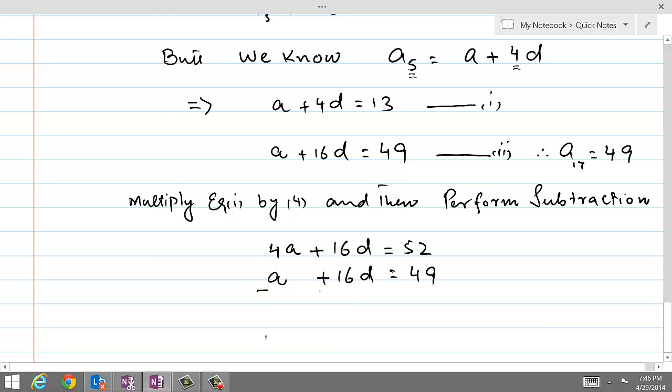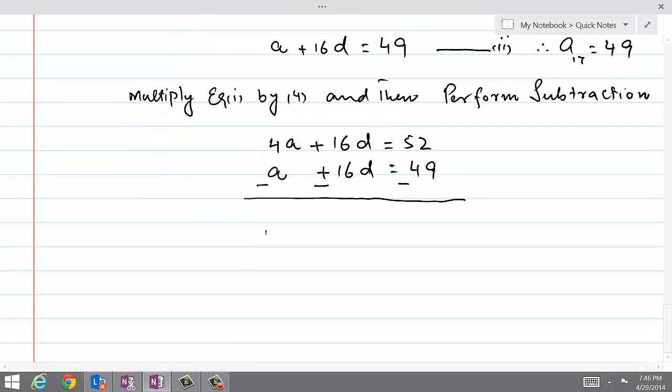Now if we perform this subtraction, this should give us 4A minus A, that would be equal to 3A, and this would be equal to 52 minus 49, that would be equal to 3. This means A is equal to 3 over 3, which is equal to 1.